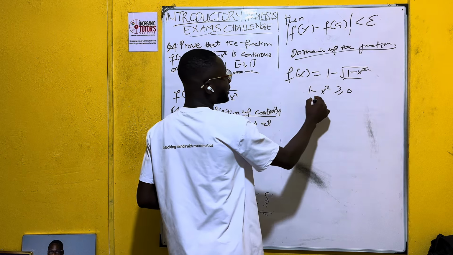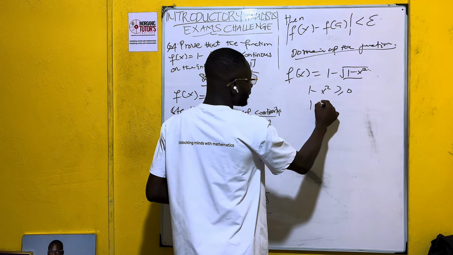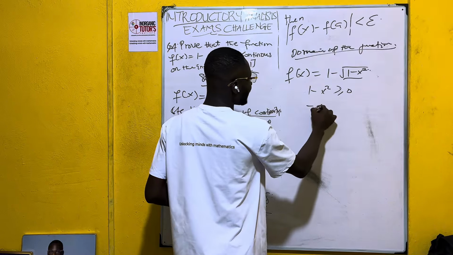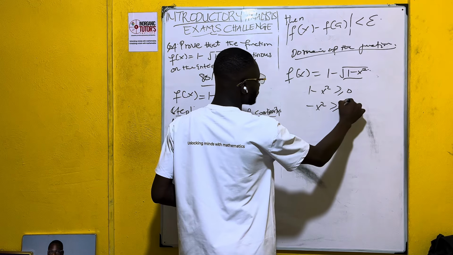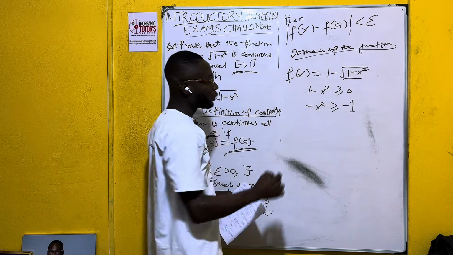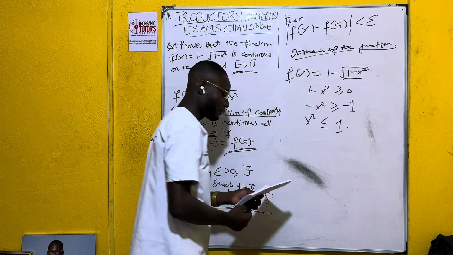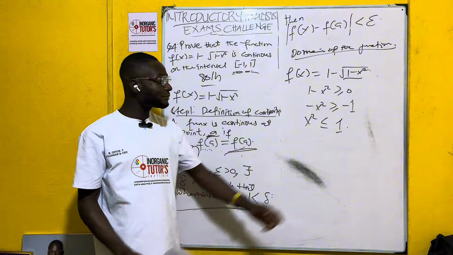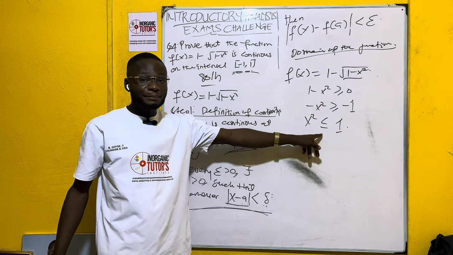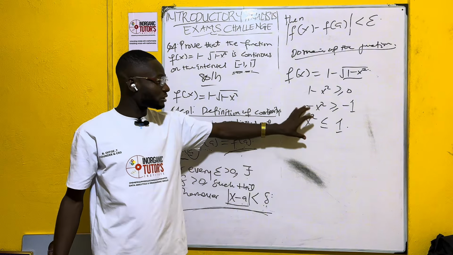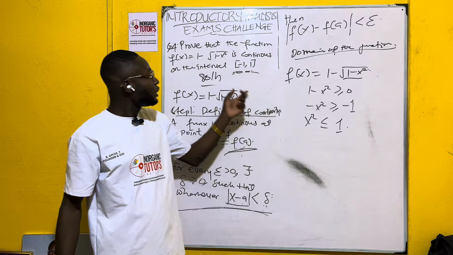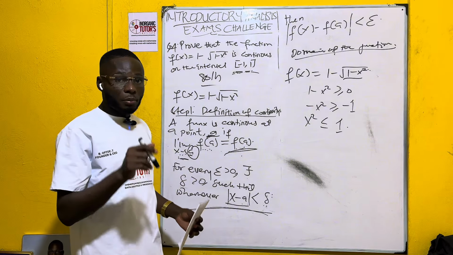So we say that negative x squared is greater than or equal to -1, so we have x squared less than or equal to +1. This means that x lies between -1 and +1, because if you take the square root on both sides, you're going to have plus or minus 1.